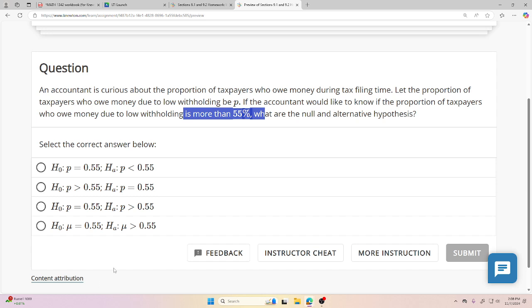Like the best sense. You like C? I like C also. See, P, they're throwing a new letter in there just to kind of throw you off. Watch out. P for proportion, probability, percentage, that kind of thing. And then greater than, more than 55.